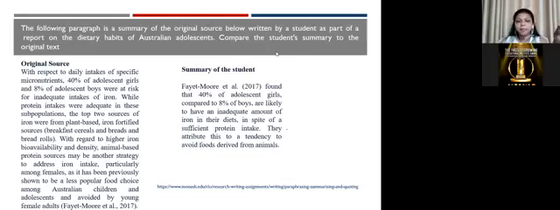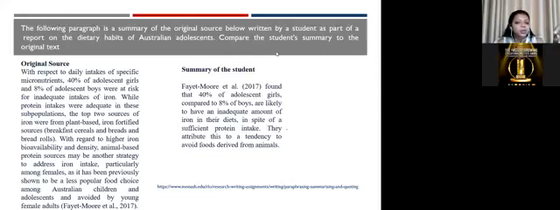With respect to daily intakes of specific micronutrients, 40% of adolescent girls and 80% of adolescent boys were at risk for inadequate intakes of iron. While protein intakes were adequate in these subpopulations, the top two sources of iron were from plant-based iron-fortified sources, within brackets, breakfast cereals and breads and bread rolls.